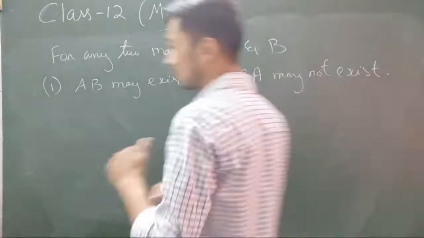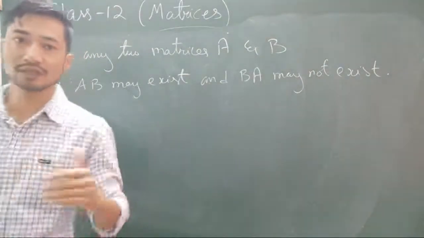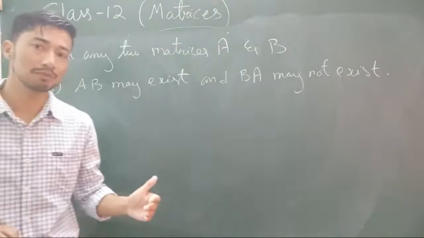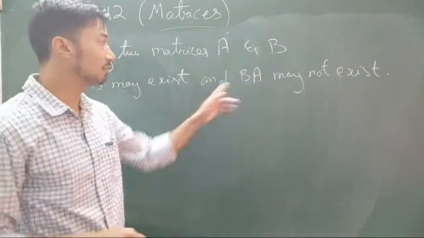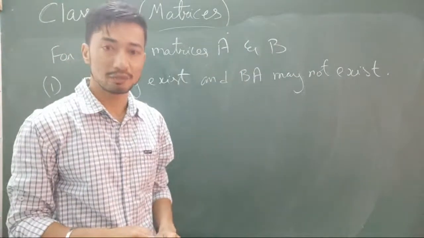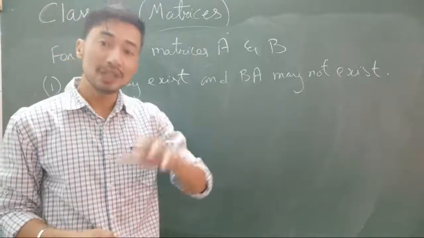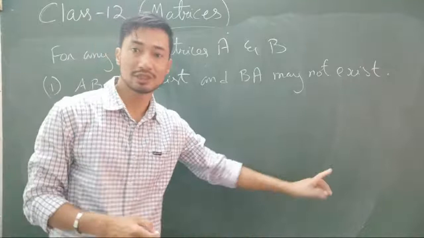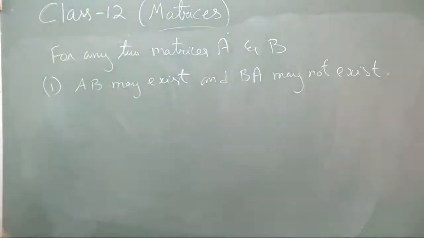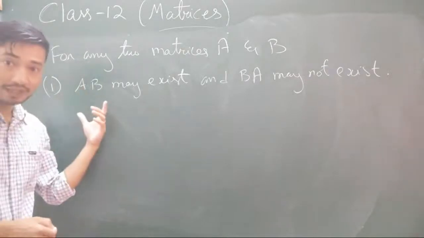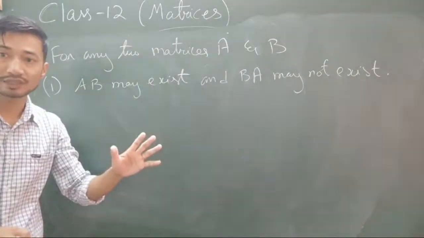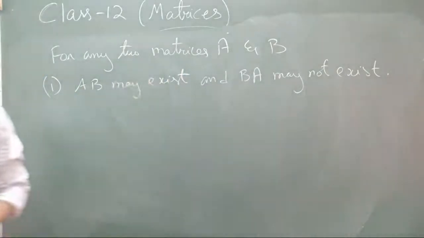That means even if A is conformable to B for multiplication, it is not necessary that B will also be conformable to A. If AB exists, it doesn't necessarily mean that BA will also exist. We have just seen that example. And likewise, BA might exist while AB might not. So there are many such conditions.